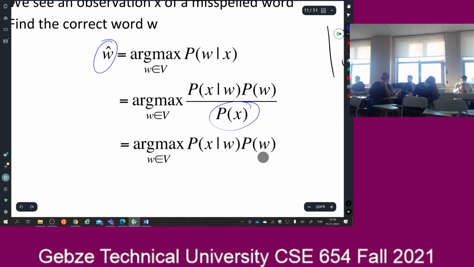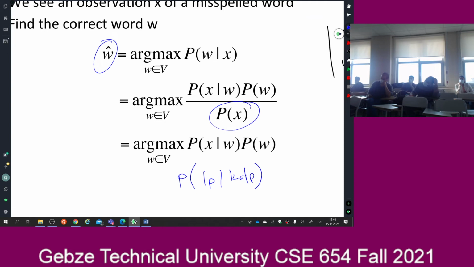What is the probability of "kalp" in Turkish? Just look at the corpora using the maximum likelihood estimation. Calculate it. And then what is the probability of the observed misspelling given "kalp"? I know this probability, I can calculate it. How?